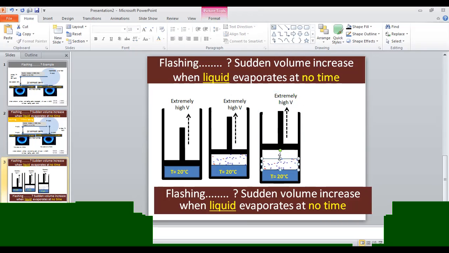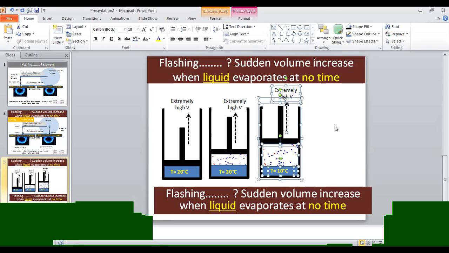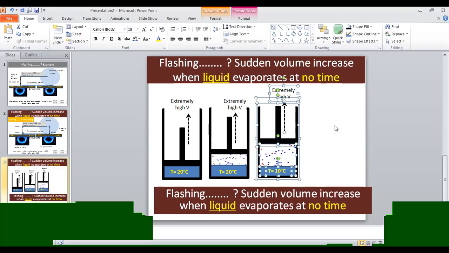So what happens is more gas, less liquid. Now this may be 10, because of this flashing.